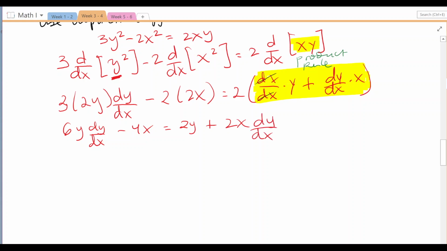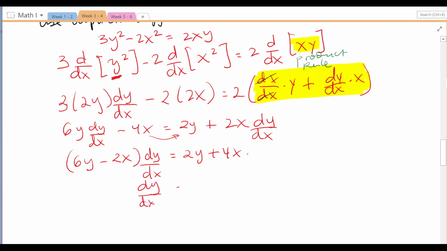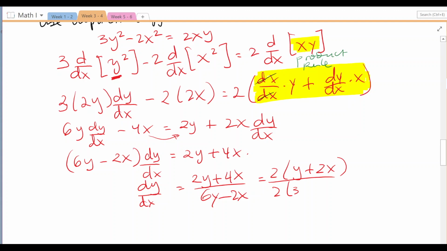So combine all the dy/dx on the left hand side. We have 6y minus 2x, dy/dx. You can check it by multiplication. Move this thing to the right hand side. So we have 2y plus 4x, and therefore our dy/dx is 2y plus 4x over 6y minus 2x, which can be simplified further into y plus 2x over 3y minus x.